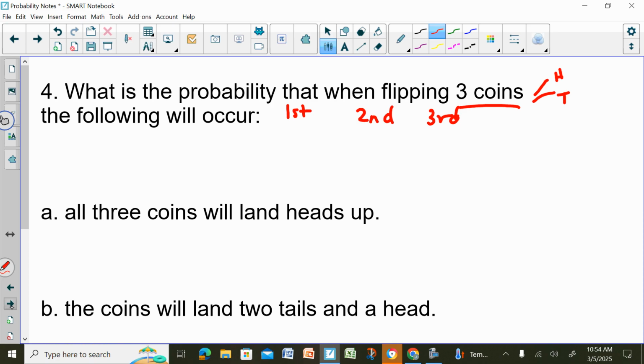I know we want to say 3 times 2, but each coin has 2. So it would be first coin, heads or tails, second coin, heads or tails, and third coin could also be heads or tails. And so you end up with, why do I have? I should have 8 different possibilities.